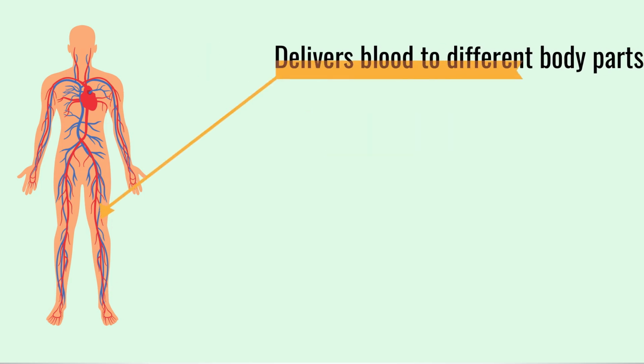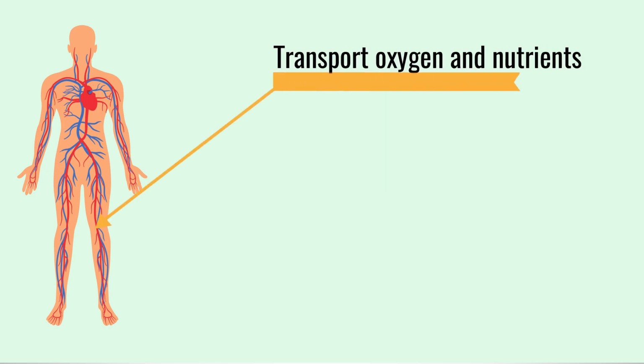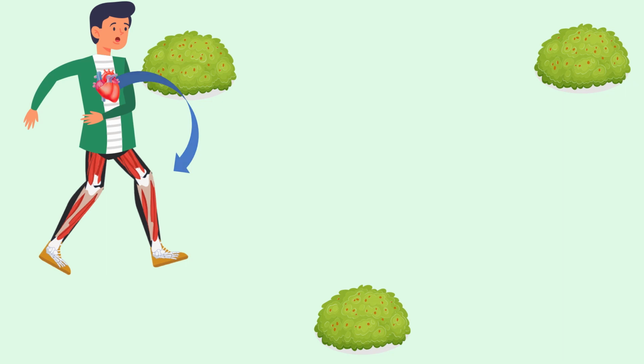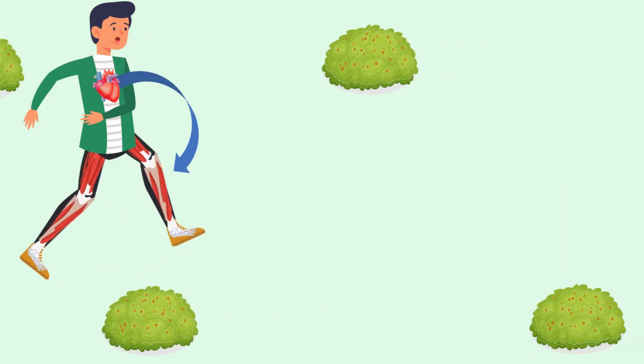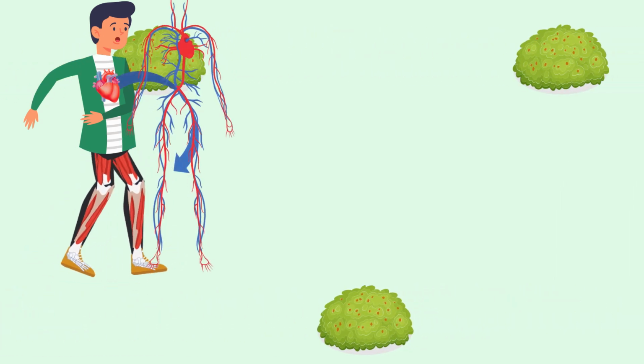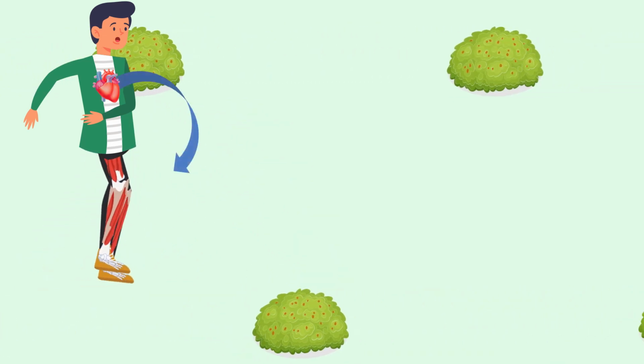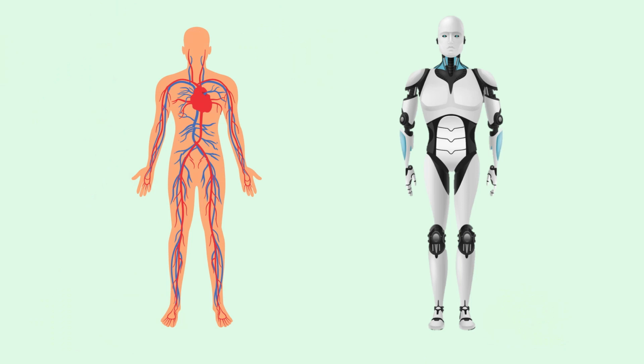Cardiovascular system. The cardiovascular system delivers blood to different parts of the body via arteries. They transport oxygen and nutrients and hence provide energy to the body. So when you're walking, the heart continuously pumps blood to the muscles of your leg, and this helps your muscles in expanding and contracting, thereby resulting in motion of your body.